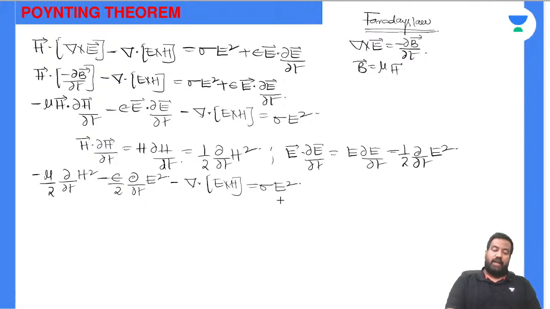Remember, each term here represents power per unit volume.